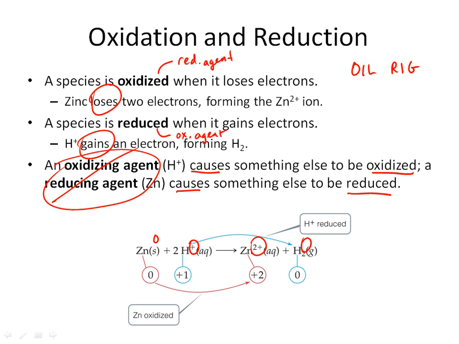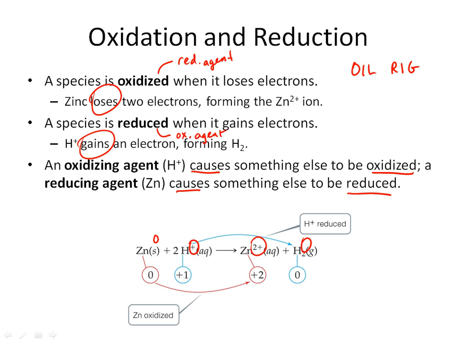The problem is everyone else in the scientific world is still going to use these terms, oxidizing agent and reducing agent. So you need to know them. You're not going to see those words on the AP exam, but you're absolutely free to use them in your free responses if you need to, as long as you use them correctly.